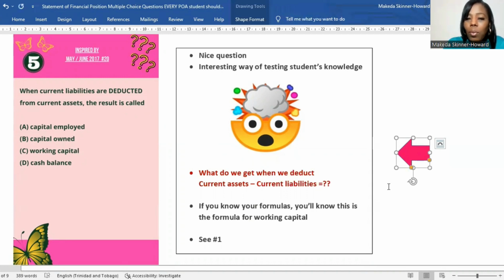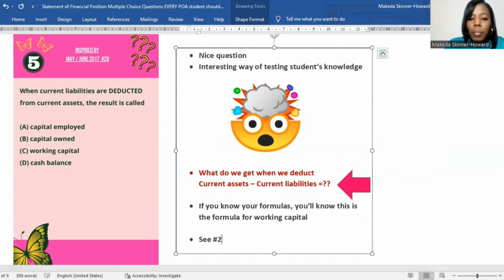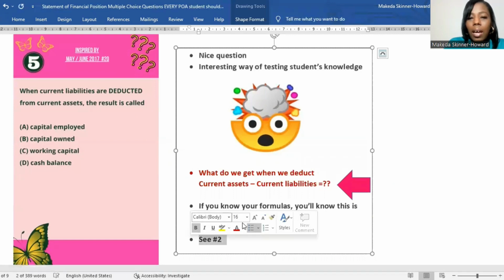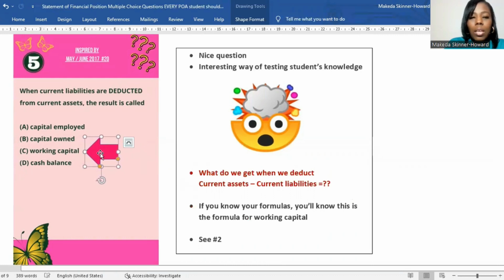If you know your formulas, you will know that this is the formula for working capital, which we looked at in number 2. All right, so you could rewind and look at number 2 again. So this answer will be C, because when you take your current liabilities and you deduct it from your current assets, you will get your working capital balance.